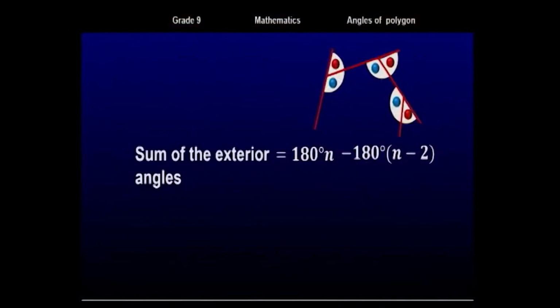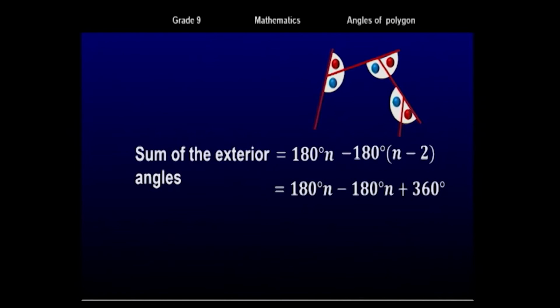Now we are going to simplify these expressions. How to simplify that? Look at that. First you have to remove the brackets. 180 into n minus 180 times n. Look at that.